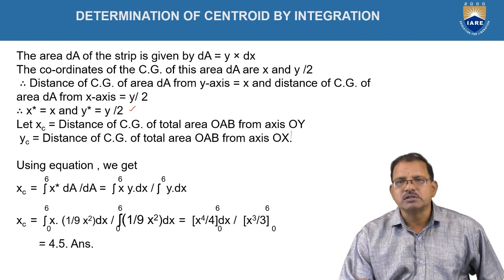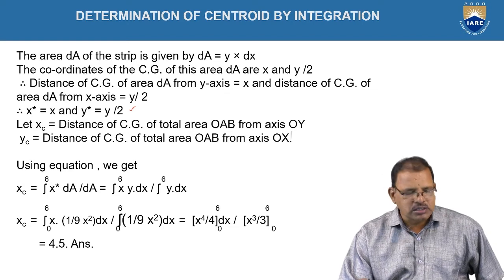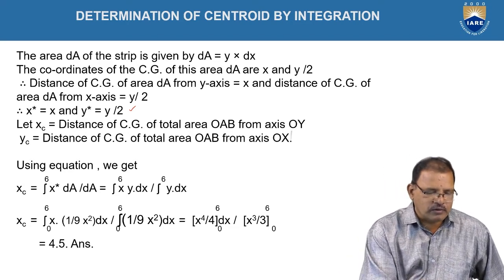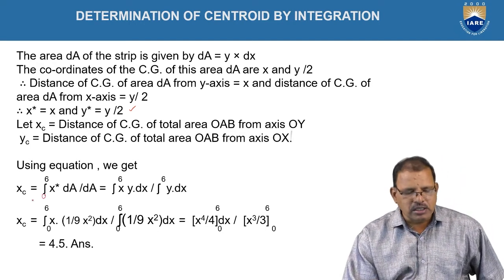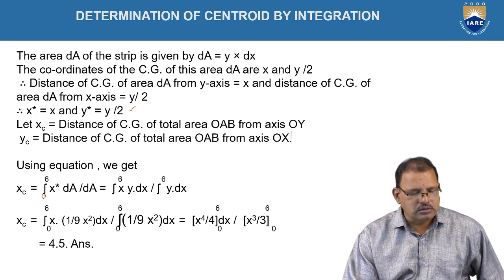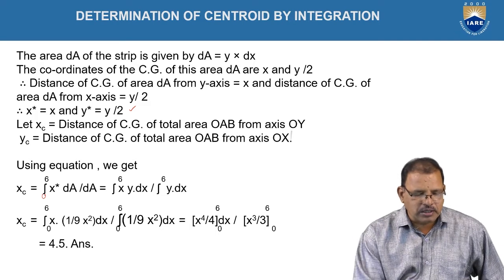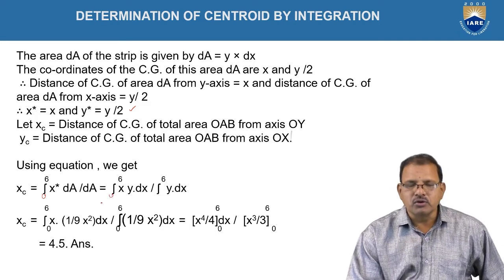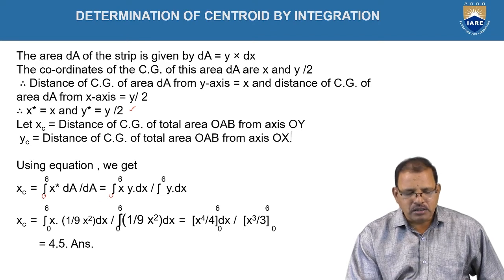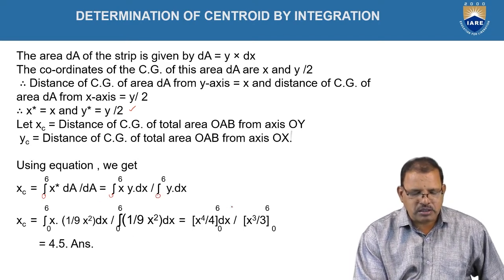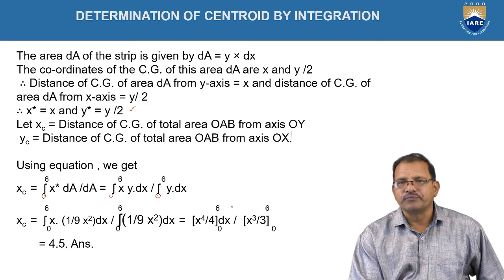Now using the equations, we got xc is equal to, according to the integration method, integral from 0 to 6 of x star dA divided by integral of dA, where x star is equal to x, so it can be written as integral of x y dx divided by integral of y dx.